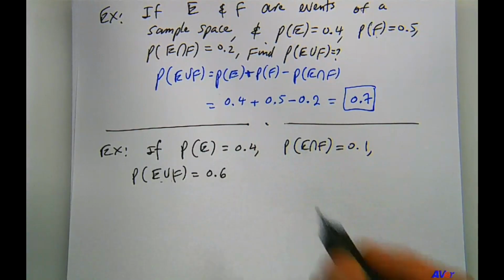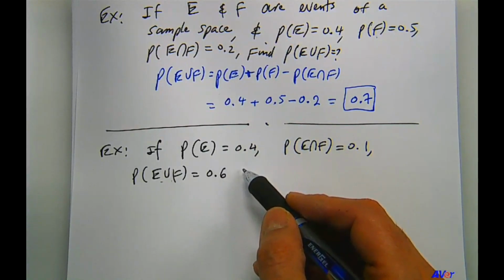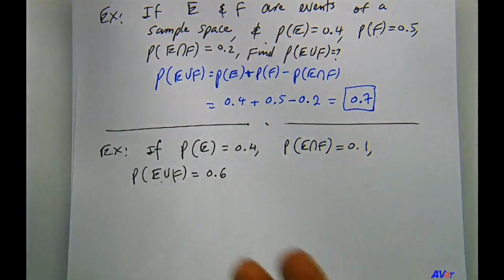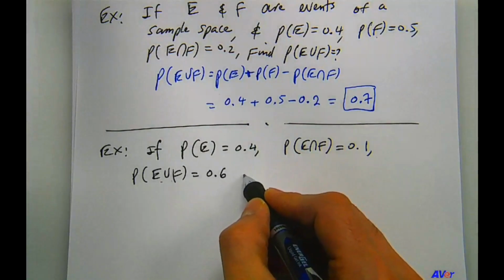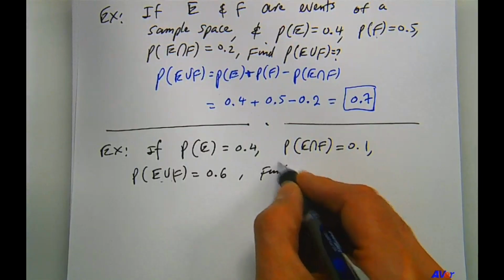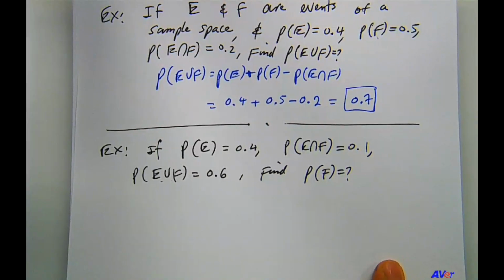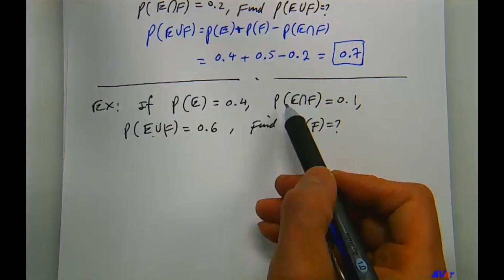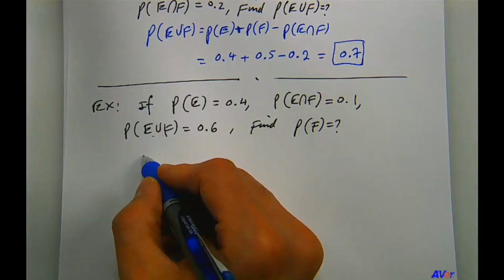We will have more symbols coming up, and that's a good way of connecting formulas to these calculations. And here we want to find probability of F. Well, again, these two immediately connect to the additive rule or the addition law.